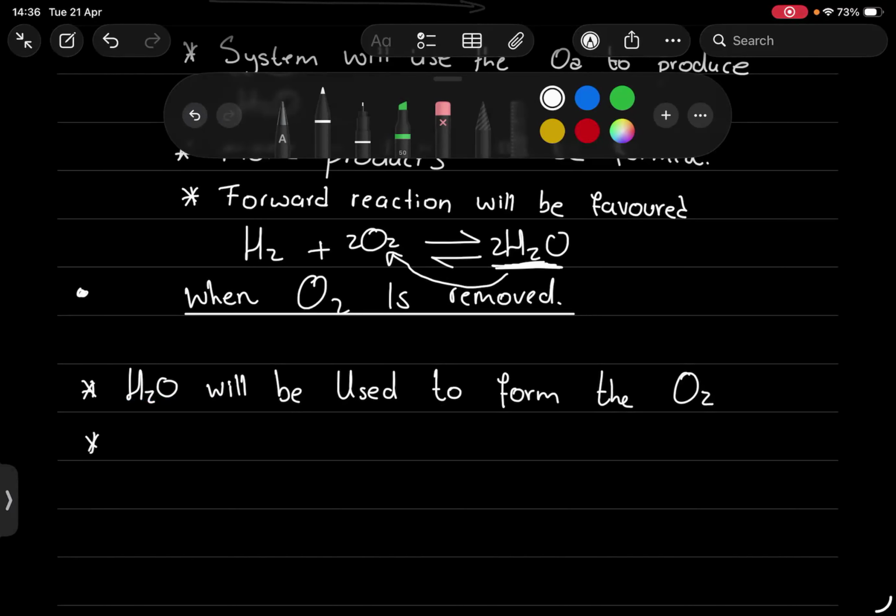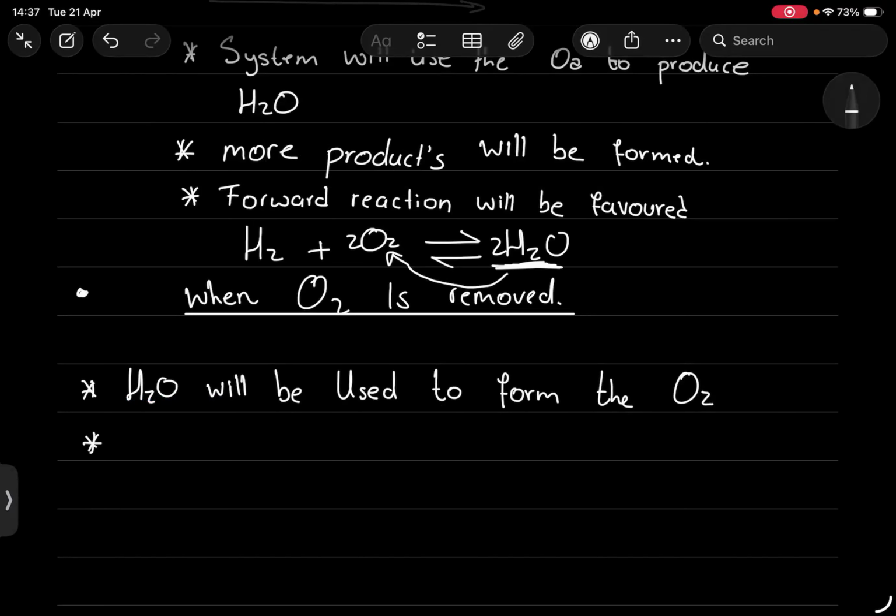So what will happen to the concentration of the products, guys? Will it increase or will it decrease? Decrease. Yes, it's going to decrease. You get it?